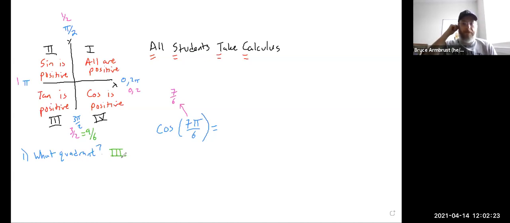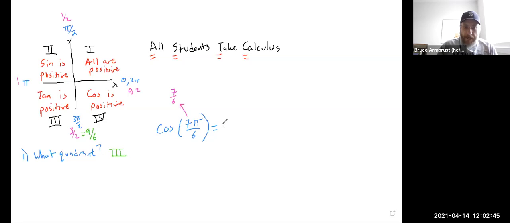Cool. So now what does that tell me? And why did I start there? Well, I started there because this is going to tell me the sign, the plus or minus sign on this cosine. Since I'm in quadrant 3, in quadrant 3, tangent is the only one of the big three that's positive.